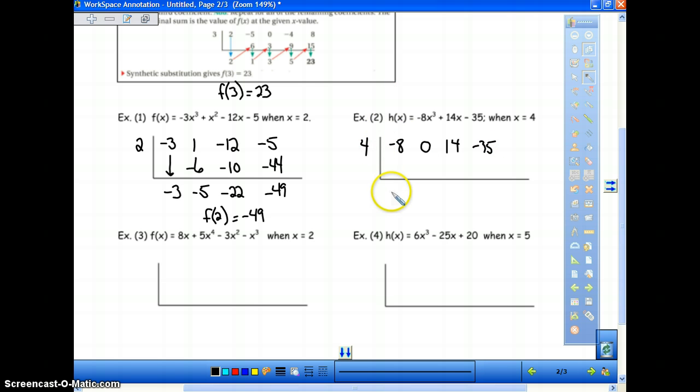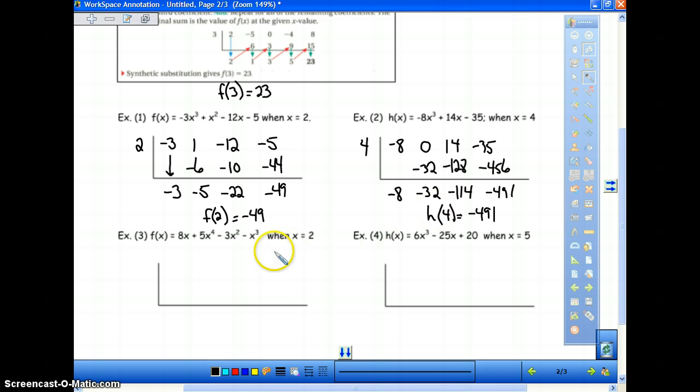So going through this quickly, bring down the -8. 4 times -8 is -32. 0 plus -32 is -32. 4 times -32 is -128. 14 plus -128 is -114. 4 times -114 is negative 456. Negative 35 plus negative 456 is negative 491. So therefore we have h of 4 is equal to negative 491.